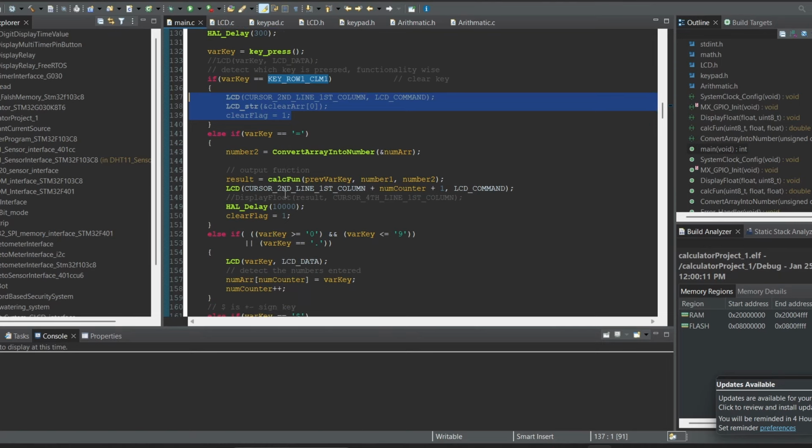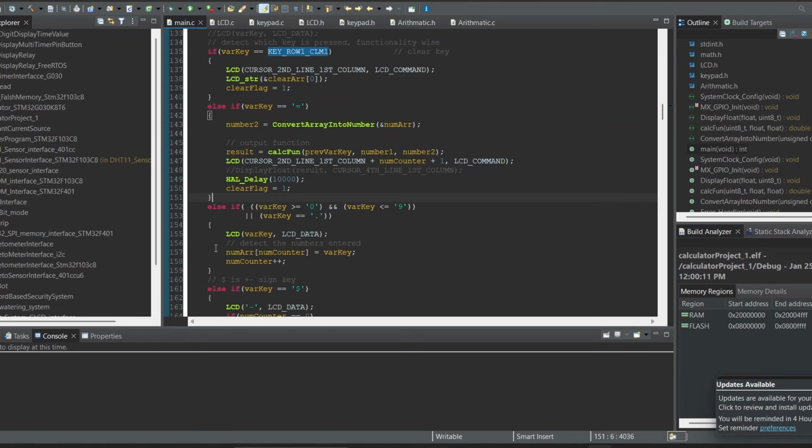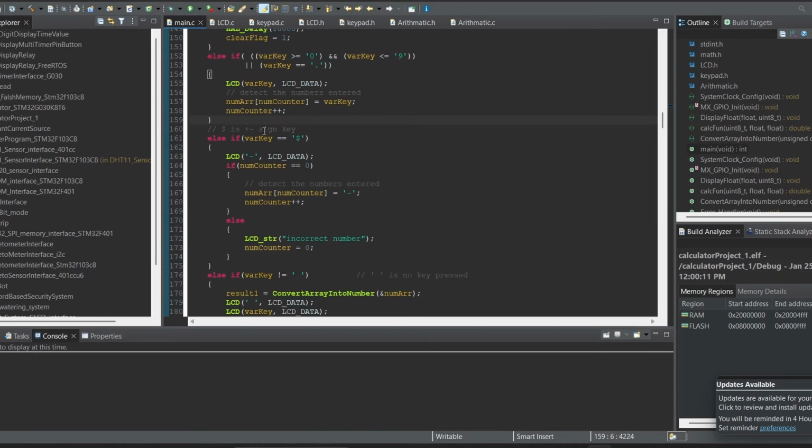Okay, now this is the result key, output key, equals to, so using this we will get the output of the arithmetic functions, sine, cos, tan, everything. Here we are entering the numbers, full numbers or the decimal numbers. Now we have implemented dollar, so this is used for the plus minus sign.